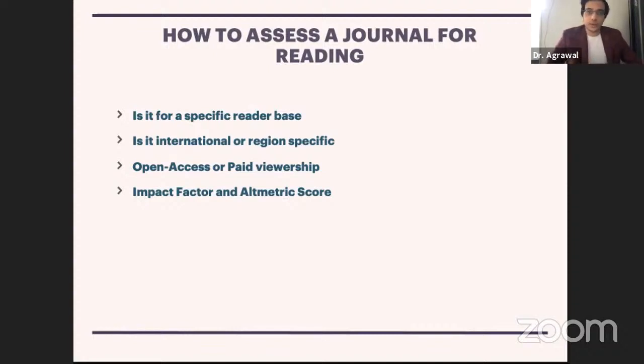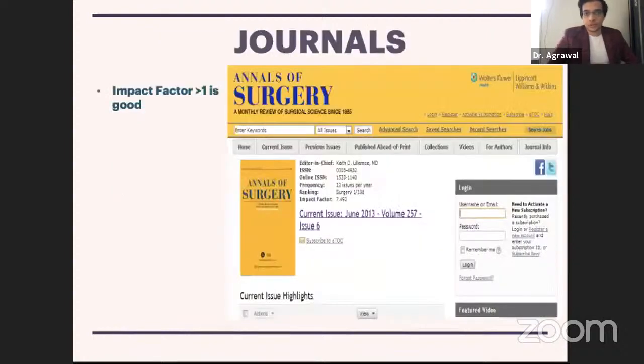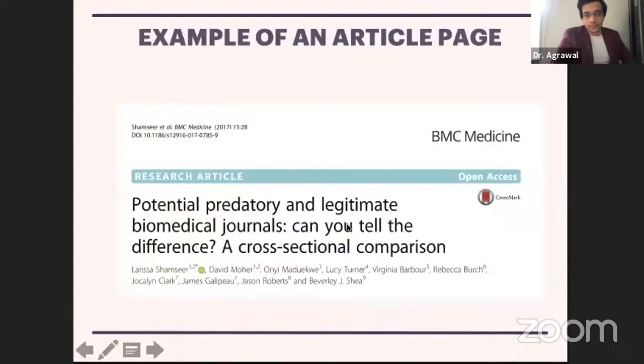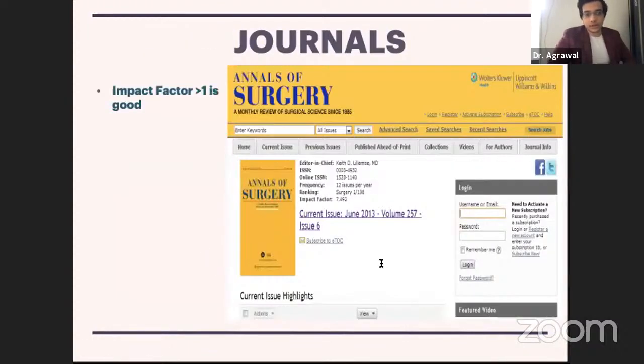The impact factor is a similar mark given to these journals. So an impact factor of usually more than one is good. If you go on the journal website, you can usually see a homepage like this where they have how many issues they have per year, what the impact factor is. Usually an impact factor of more than one is taken as good.